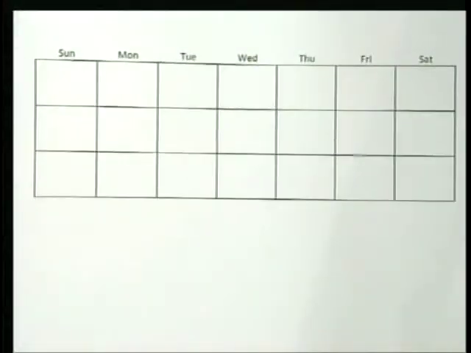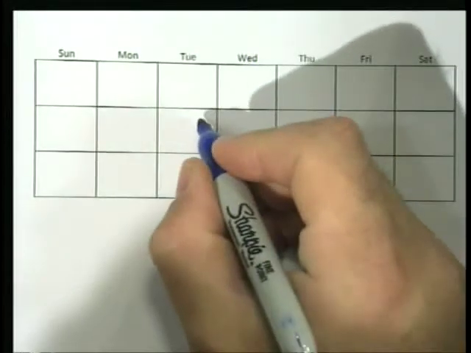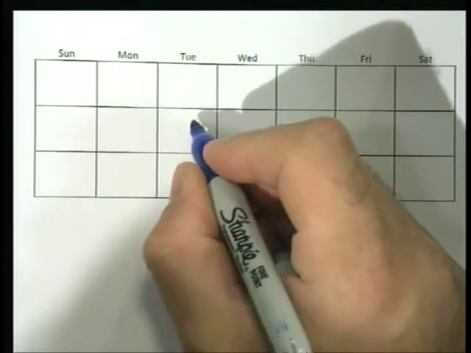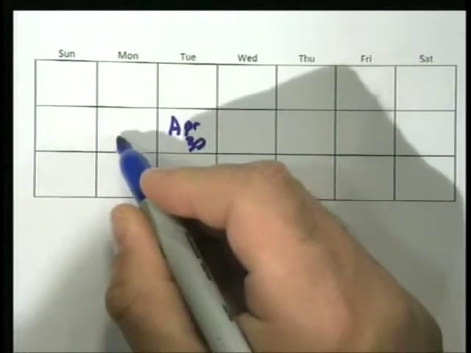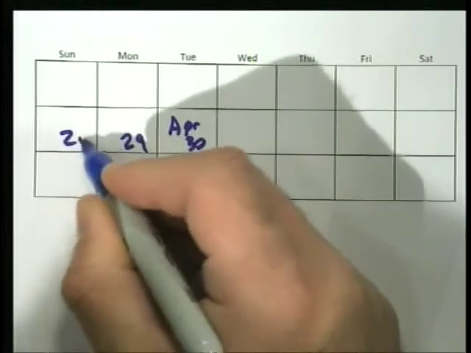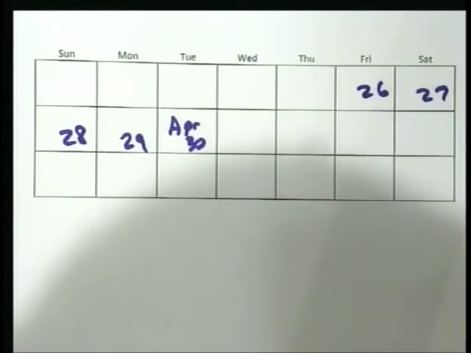Okay, so the way I think sometimes is helpful with this is to actually do a little calendar. April 30th is on a Tuesday, is that correct? So we have April 30, right? So this is April 29, 28, 27, 26, and so on, right?